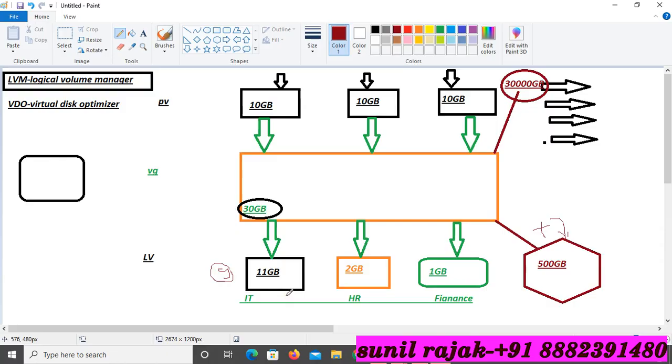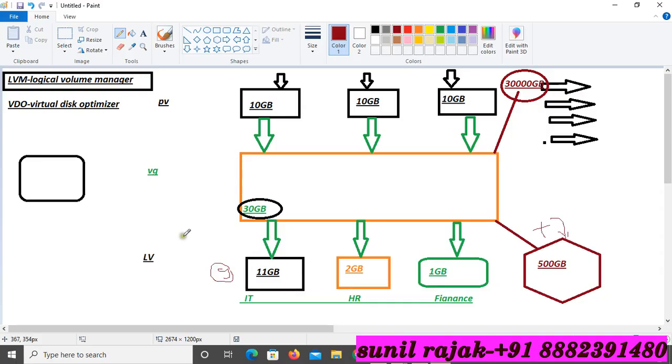In a physical hard disk you cannot increase the size of your particular physical hard disk. But with LVM it is very easy to manage your devices properly. If a disk starts to fail, you can replace the disk, which can be registered as a physical volume.